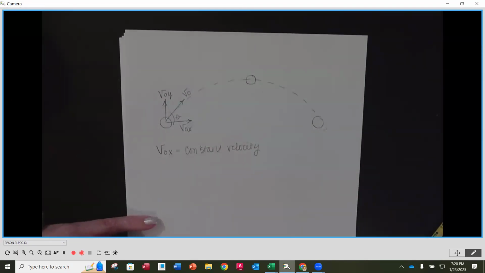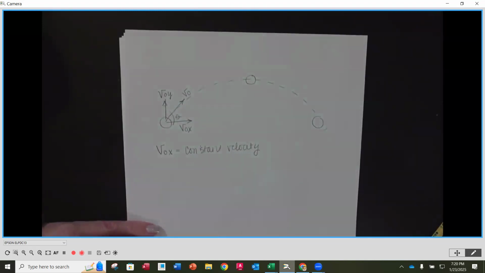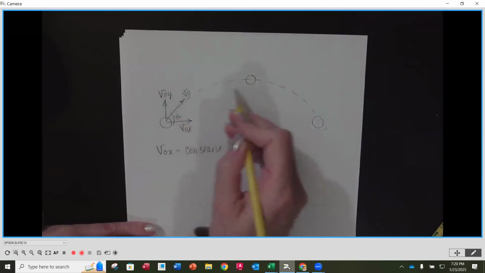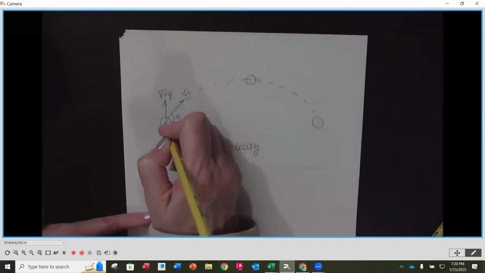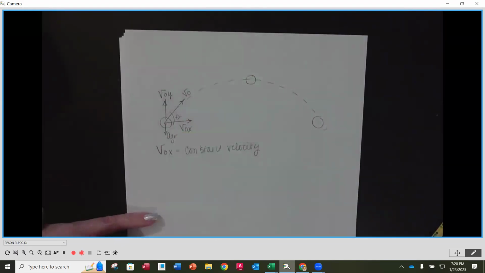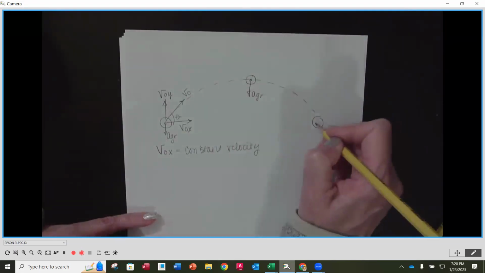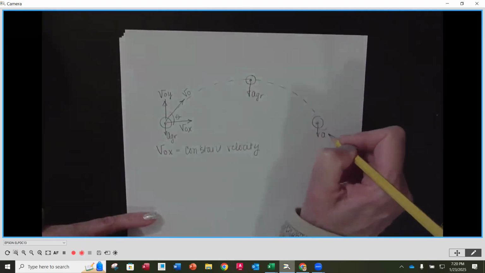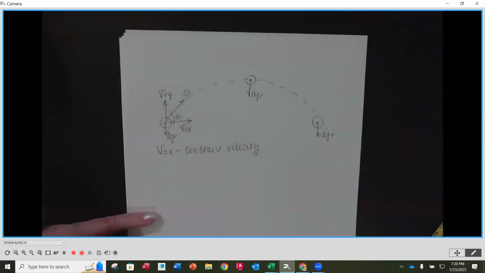Now, the vertical component, on the other hand, because this is a ball being thrown and we're assuming we're on Earth, has the acceleration of gravity acting on it all the time. So it is affecting its value in that vertical direction.